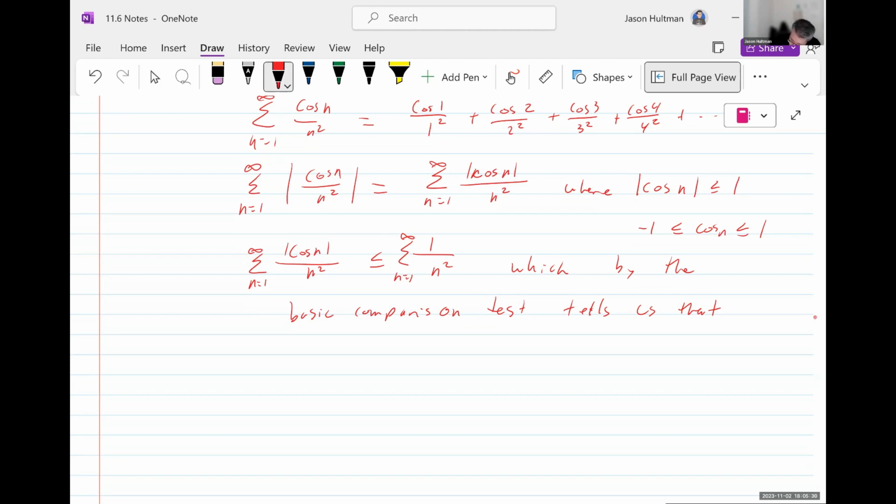Because if we're always less than something we know is convergent, that tells us that cosine n over n squared is convergent, since the summation of 1 over n squared is a p-series.